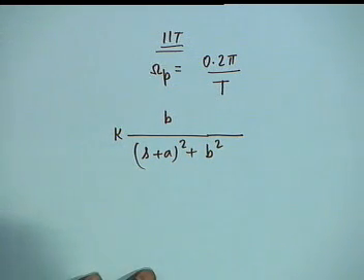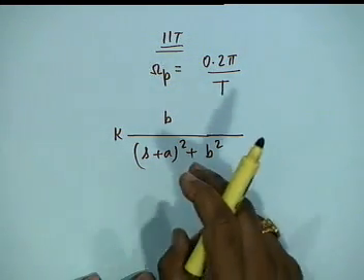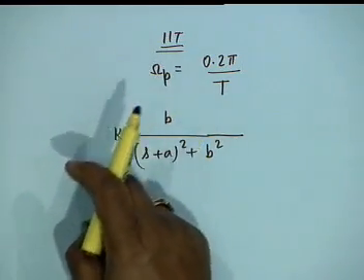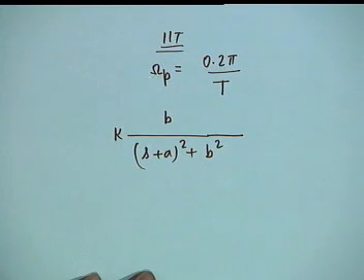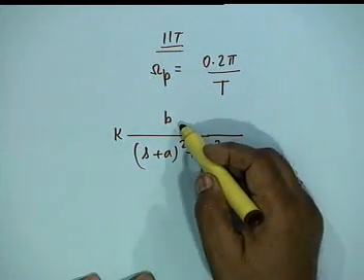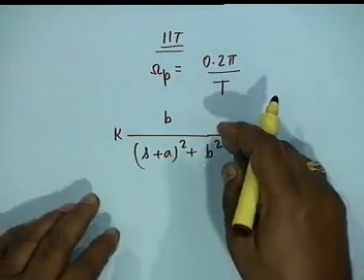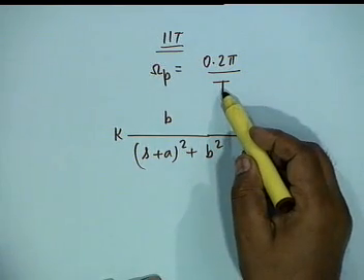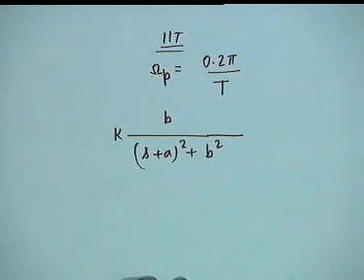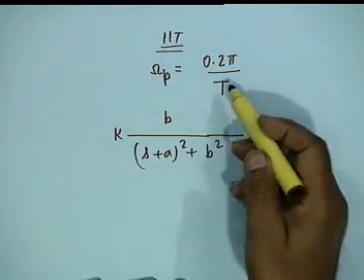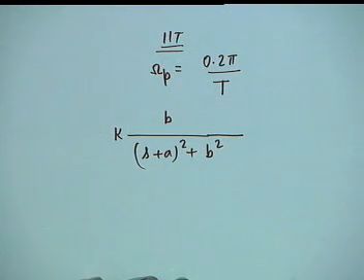What we had is 1 by square root 1 plus epsilon squared, then C1 omega p squared. Put down those values, and then the only thing that you have to do is to change omega p T to 0.2 pi.